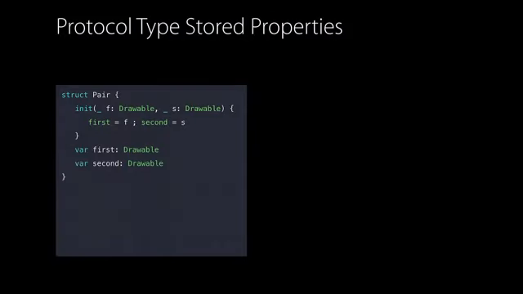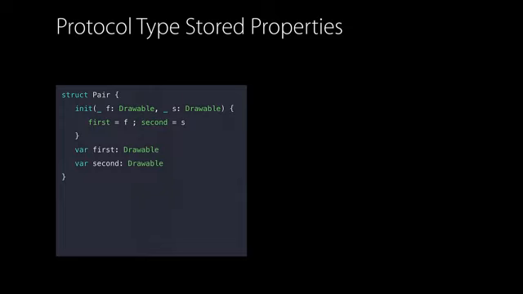Okay, so we've seen how local variables are copied and how method dispatch works for values of protocol type. Let's look at stored properties. So in this example, we have a Pair that contains two stored properties, first and second, of Drawable protocol type.